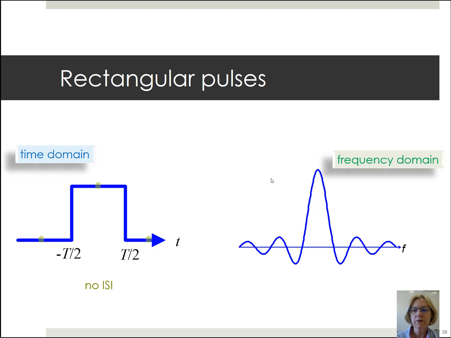But of course, in the frequency domain, I'm going to be allocating a particular frequency slot for this transmission. But the spectrum of the sinc function has infinite support in the frequency domain. That means that it is not isolated to the slot that was assigned to it. And of course, that means there could be crosstalk in adjacent channels because of this extension of the spectrum.